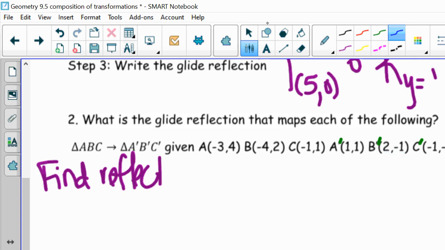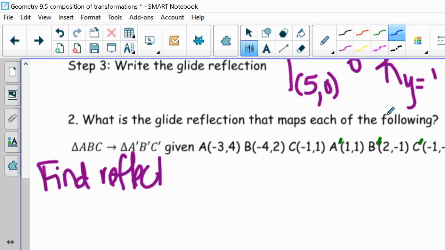So I want to reflect this over, this over here, so that we have the same orientation. If I had something like this, A, B, and C, then I see that I just have to glide this down to be on top of my green one.